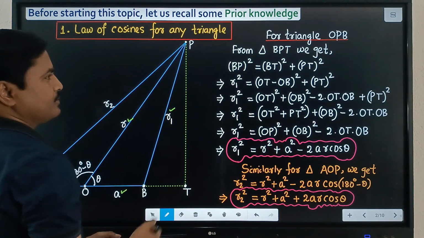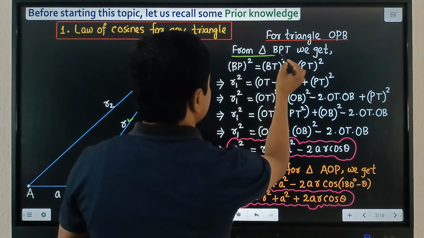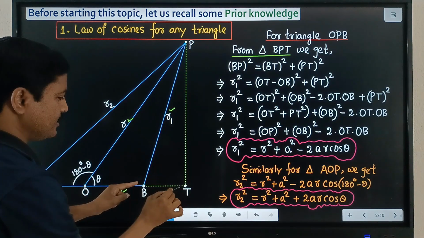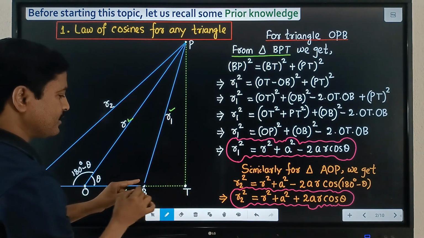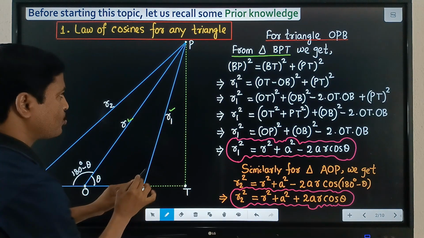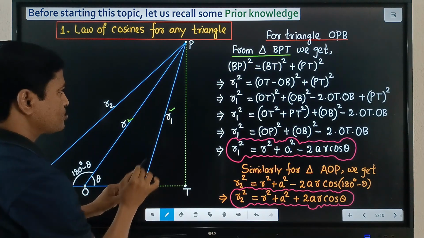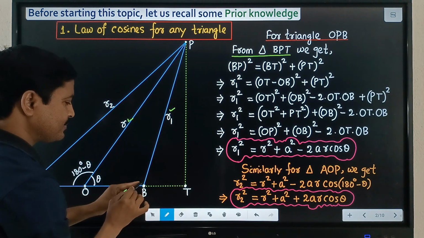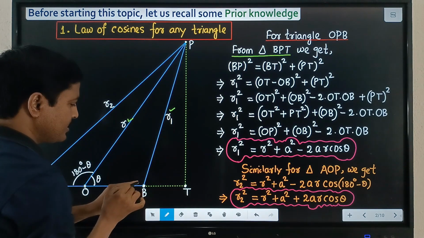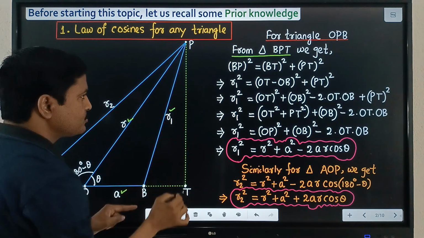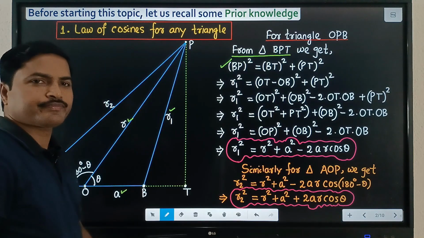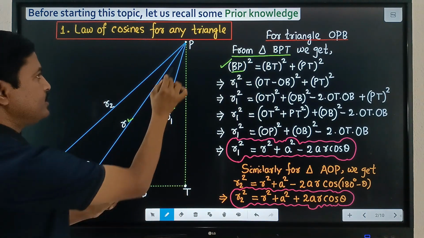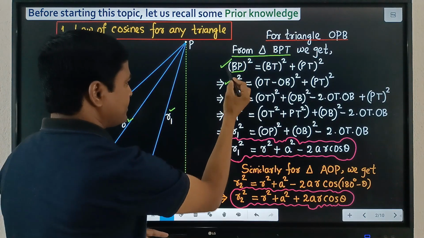Now, look at the derivation. From triangle OPB, we take another right angle triangle, BPT. You know, in a right angle triangle, the square of BP is equal to BT square plus PT square. We write BP square equals BT square plus PT square, and in place of BP we write R1.